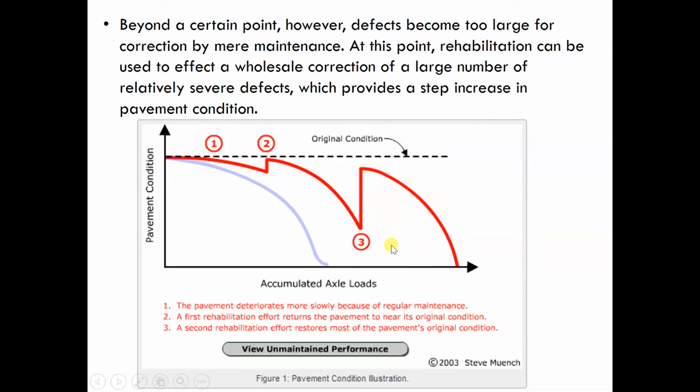So it could be 20 years, depending on the axle loads. Because if you have a lot of traffic, you probably get more axle loads, and you can reach the design axle loads much quicker.